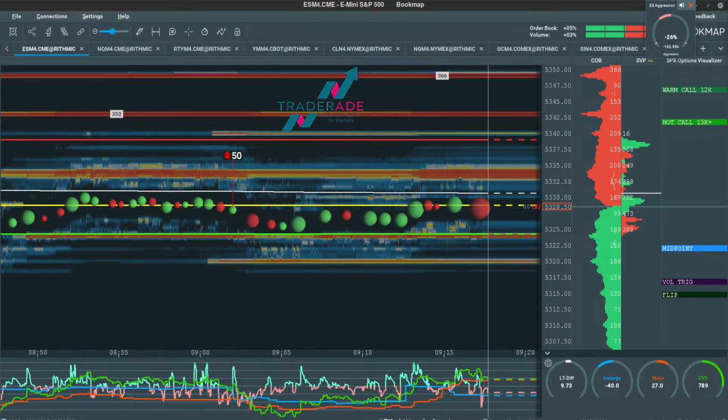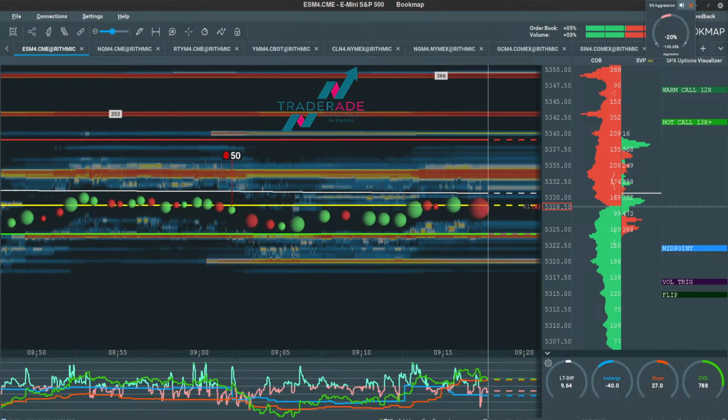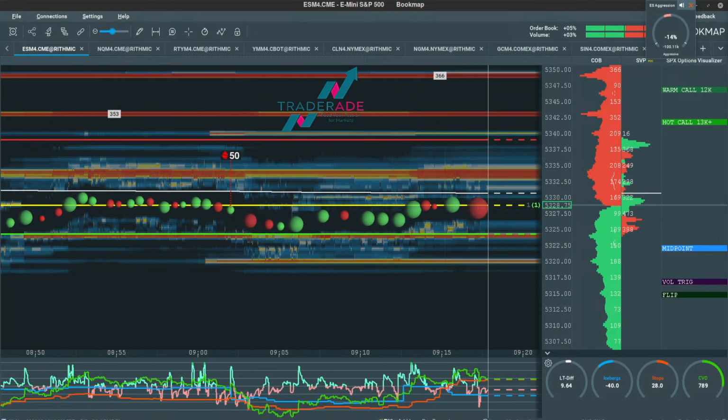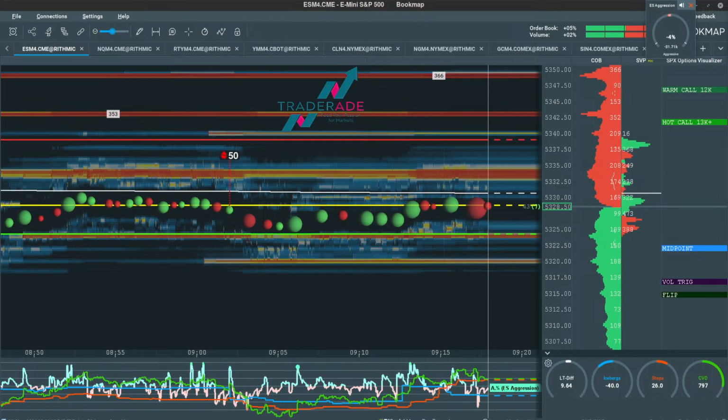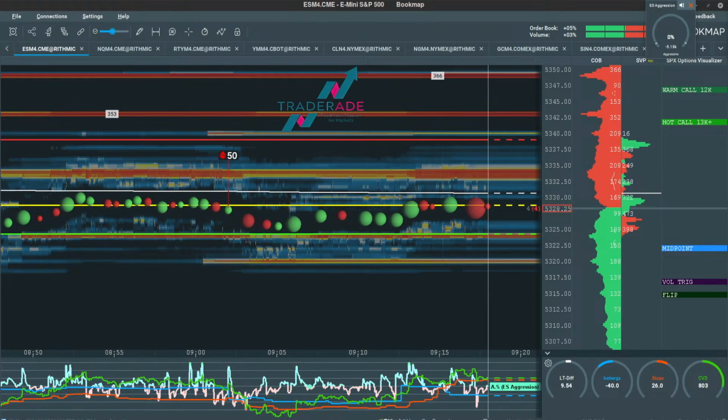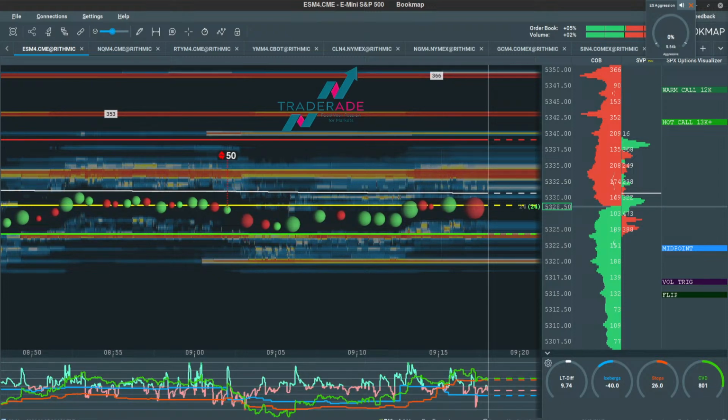This is a little different than the default setup, because I prefer to use VPI to show me where there's aggression in the order book. You can see these light blue-green bars, which show positive pressure. That light red is negative pressure. And if it gets more extreme, you get a darker green print up here, or a darker red.